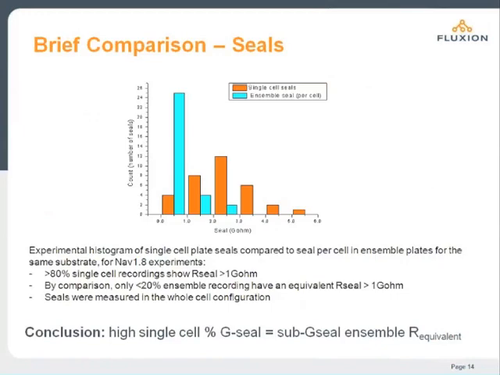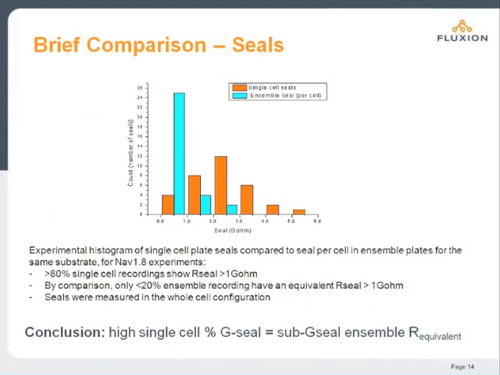Shown on this slide is a comparison of resistances for single cell plates in orange and the equivalent resistance for ensemble plates in blue. This is for a set of NAV 1.8 experiments that were done using the same cells. What we see is that for the single cell plates, greater than 80% of the cells in the single cell configuration have membrane resistances of 1 gigaohm or greater.